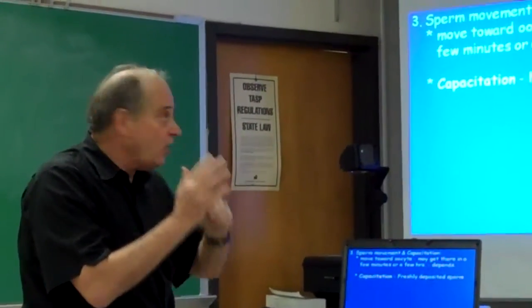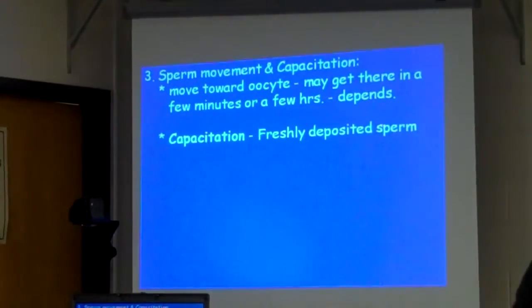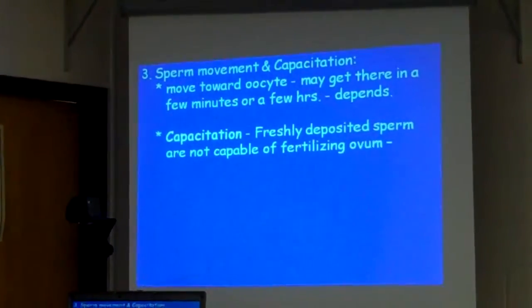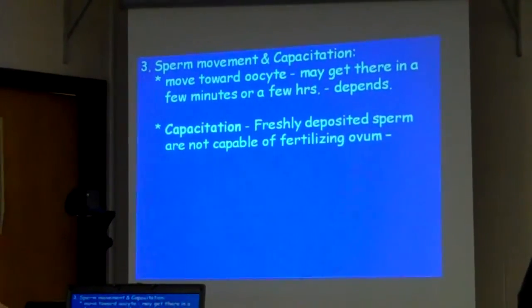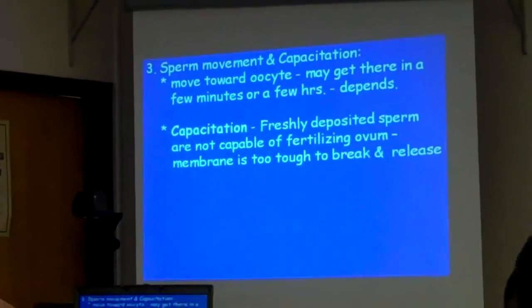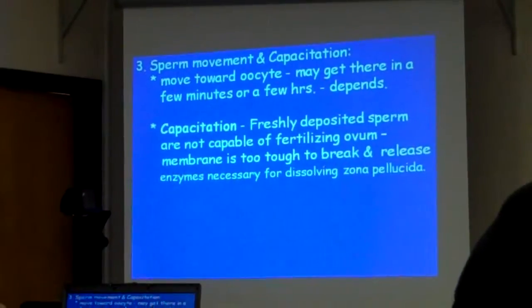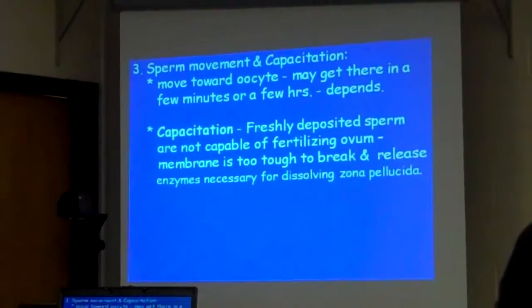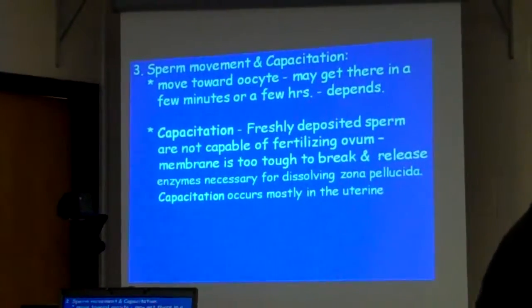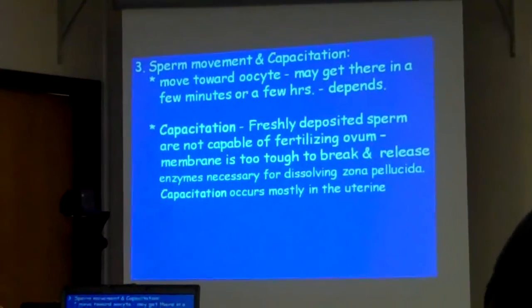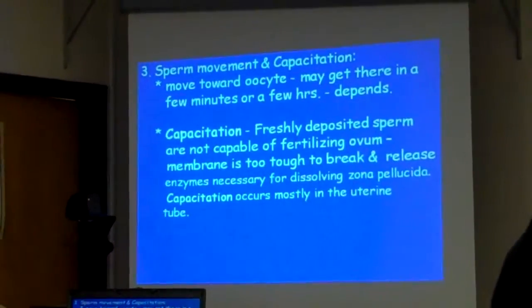This is how this is going to occur. I put right here, freshly deposited sperm are not capable of fertilizing an ovum. The membrane is too tough to break and release the enzymes necessary for dissolving the zona pellucida.